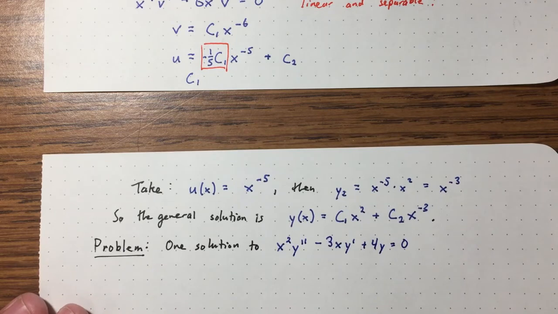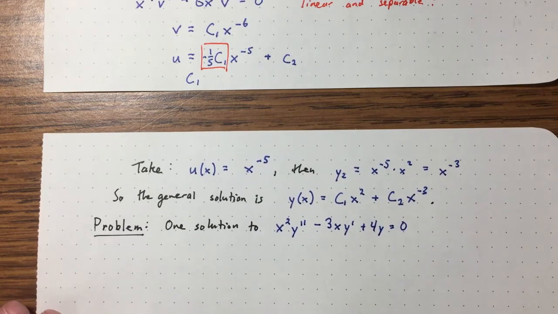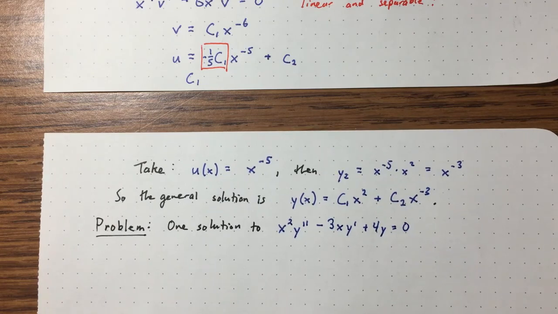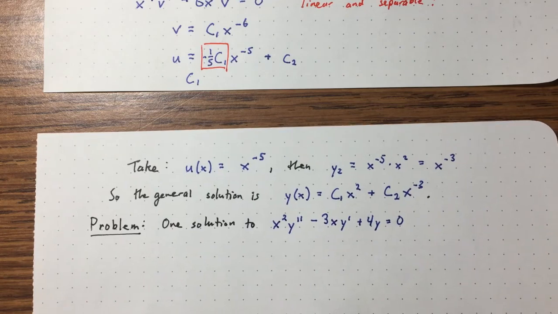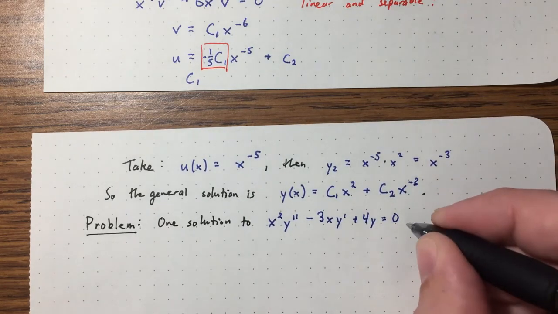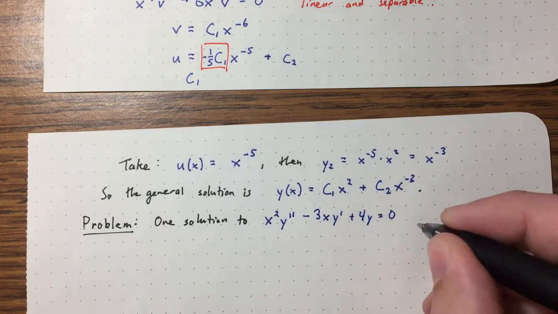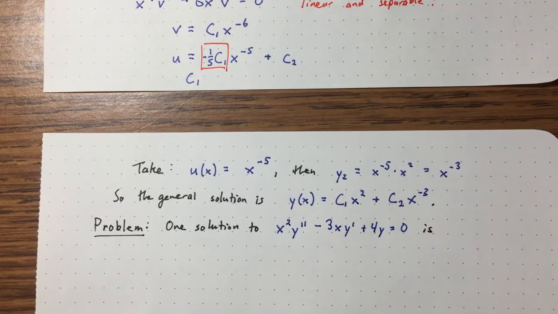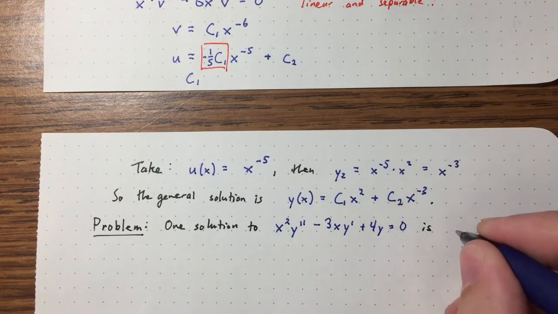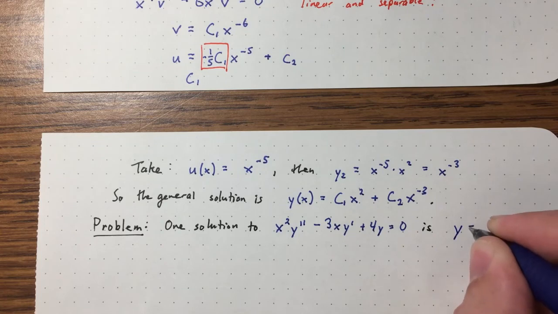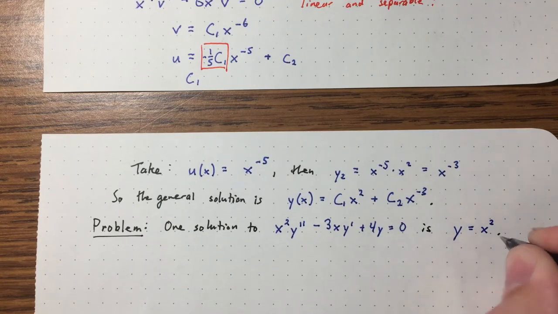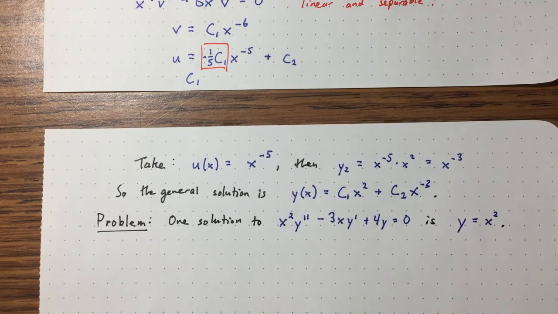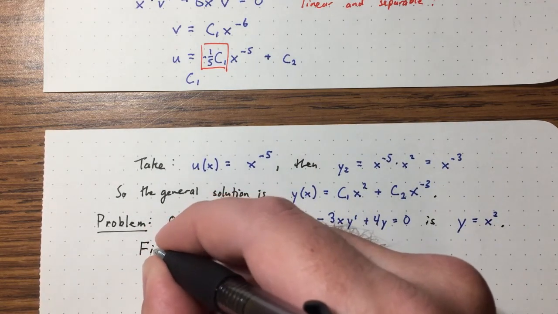By the way, there are probably hundreds of things in mathematics named after Euler. We've already seen Euler's method, we've seen Euler's formula, and this is called an Euler equation. One solution to this is, actually I think I worked this out so that x squared is again a solution. What I want you to do is find a general solution.